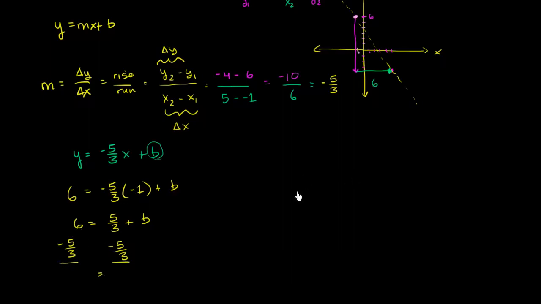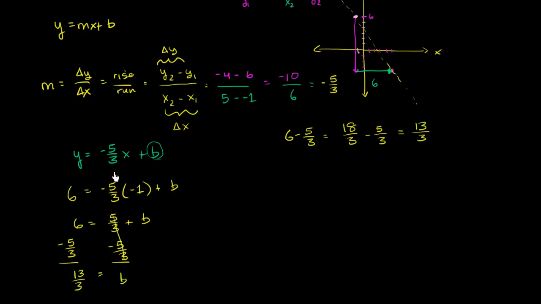We can take a common denominator. 6 is 18/3, so 18/3 minus 5/3 is 13/3. And of course, the 5/3 terms cancel out on the other side, so we get b = 13/3.